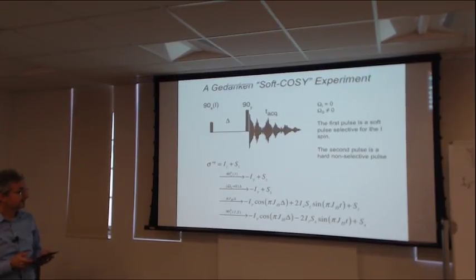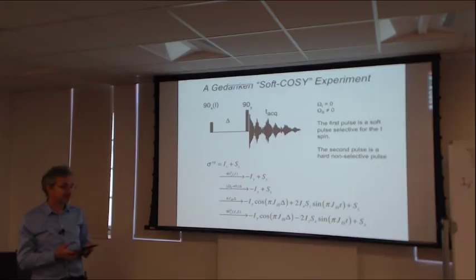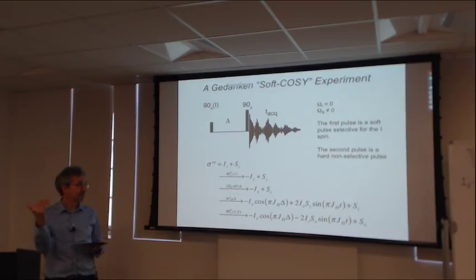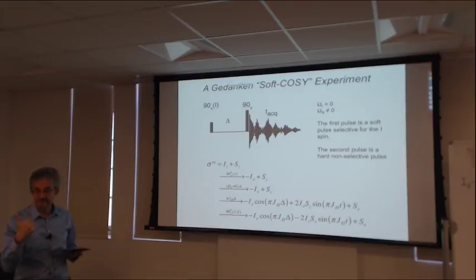And finally, we have the non-selective pulse, which I apply with Y phase. So a Y phase pulse does nothing to IY magnetization. The IX term, a Y pulse, takes X to minus Z. Everybody agree with that?